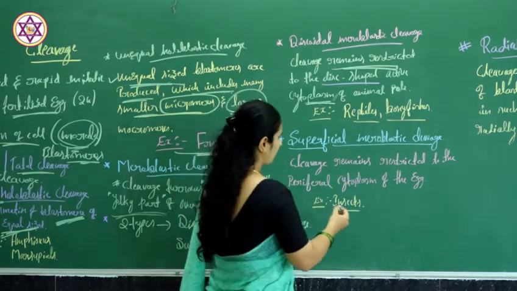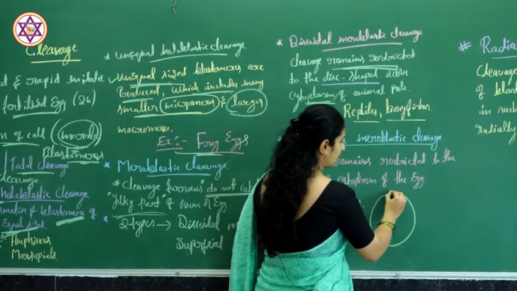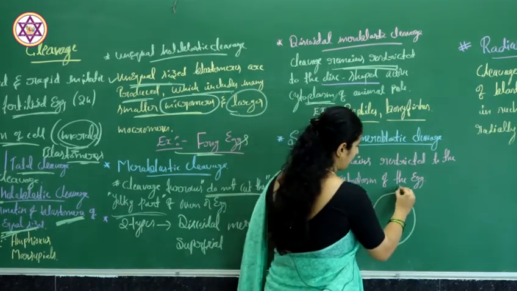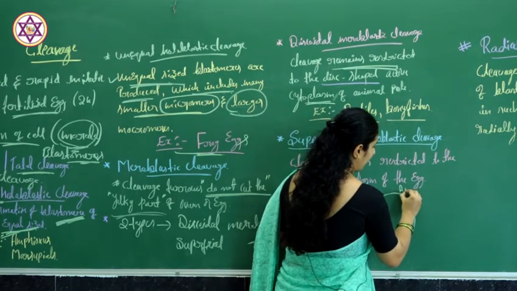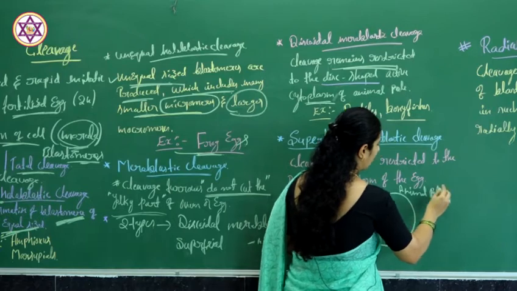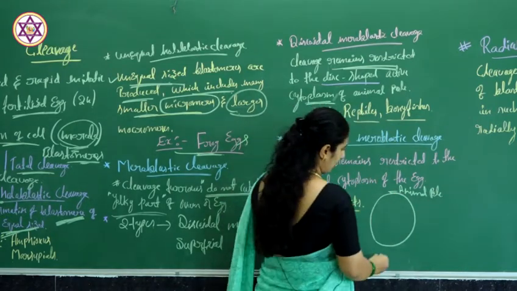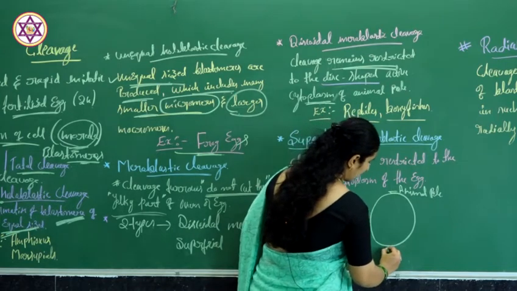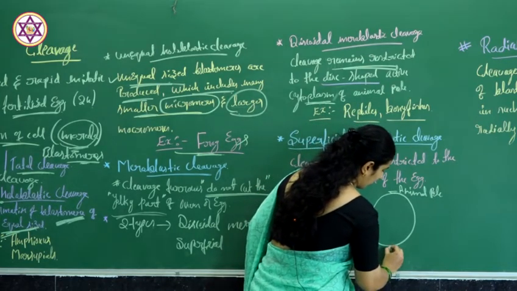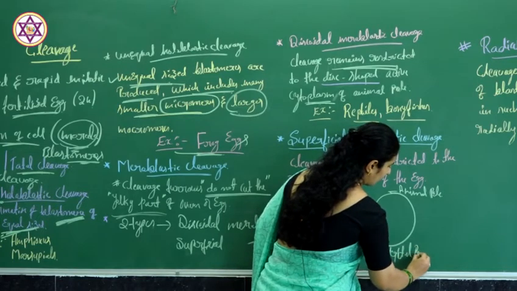Consider this is an egg. The anterior or top end is called the animal pole, and this one is the posterior end, called the vegetal pole.